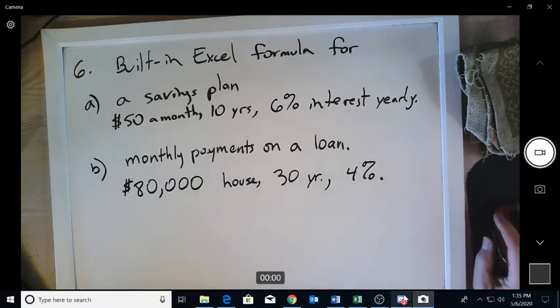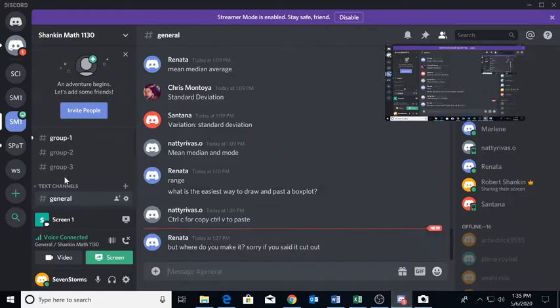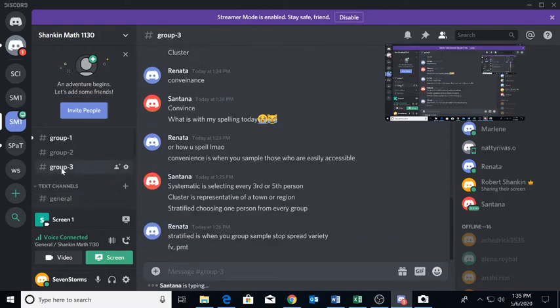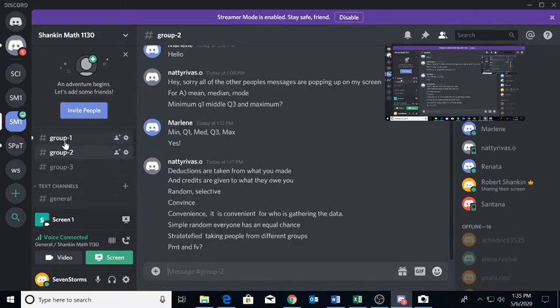Okay, and I can go in and check into groups, and it tells me if people still need more time. Yeah, people are still needing more time.